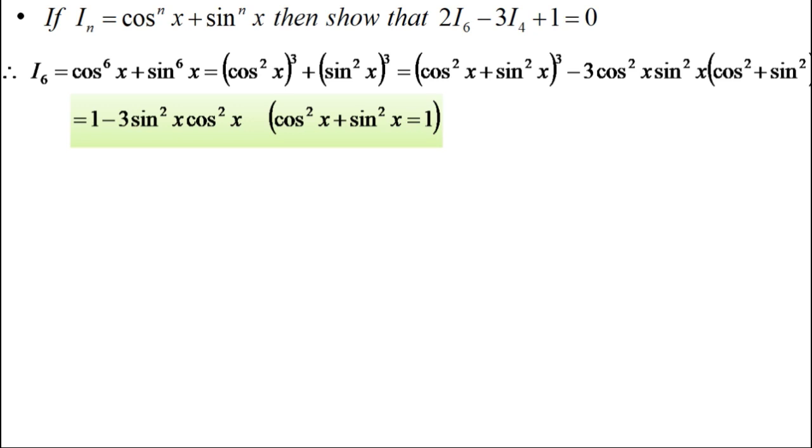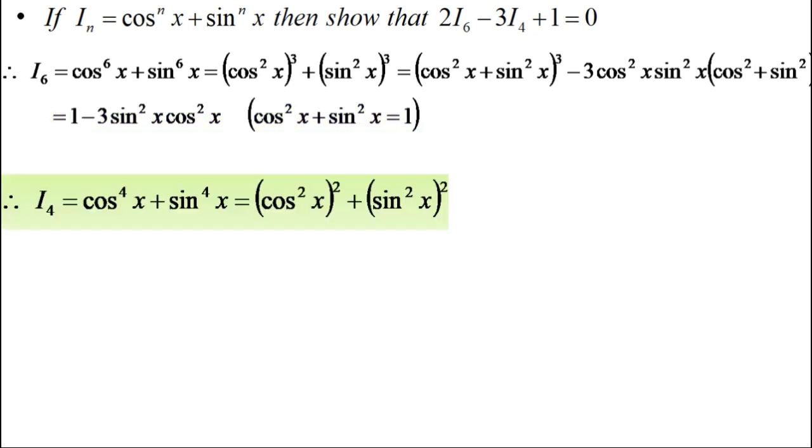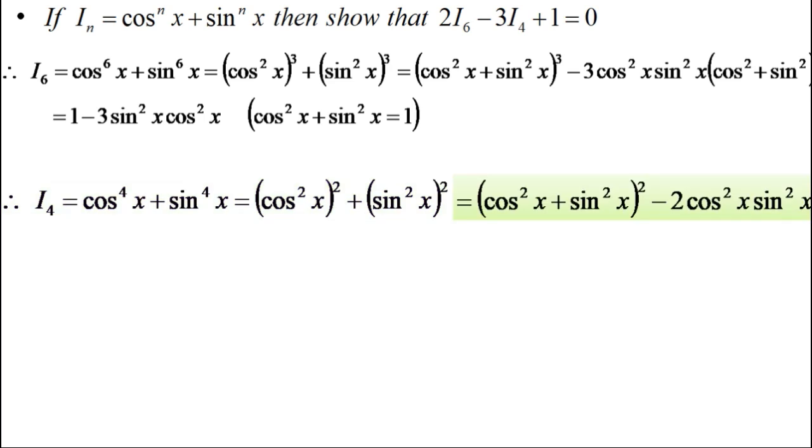Now find the value of I4. I4 is equal to cos to the power 4x plus sin to the power 4x, equal to (cos square x) whole square plus (sin square x) whole square. Now use the formula a square plus b square equals (a plus b) whole square minus 2ab.